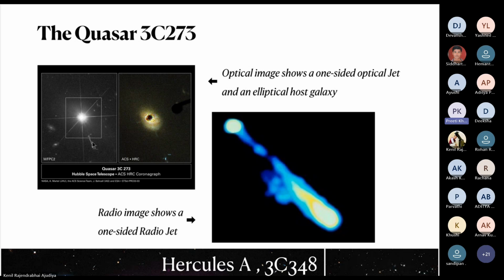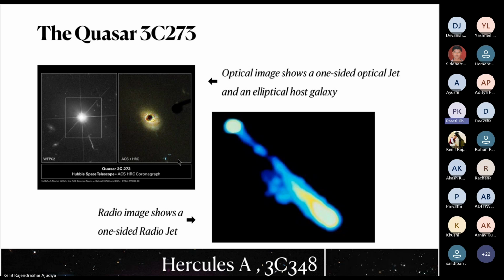And in the right panel of the same image, you can see that when a coronagraph was used to block the central bright emission, this fuzz begins to appear. This fuzz is actually the host galaxy of this black hole, and it happened to be an elliptical galaxy.